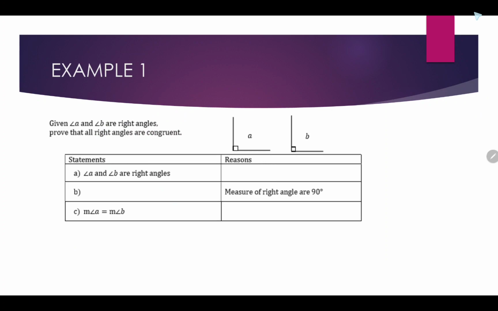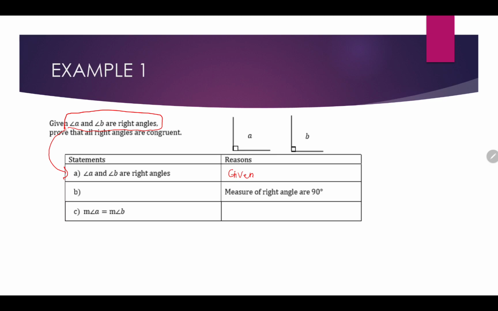For the first row, we have the statement here, which is already given, so you need to fill in the blanks. The first statement is angle A and angle B are right angles. What is the reason? The reason is given, because this statement is given in the question. Second, the reason is the measure of a right angle is 90 degrees.